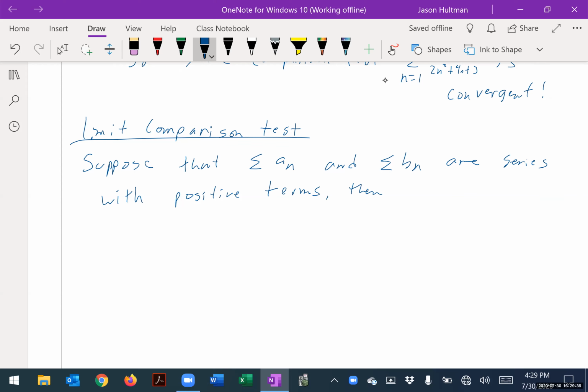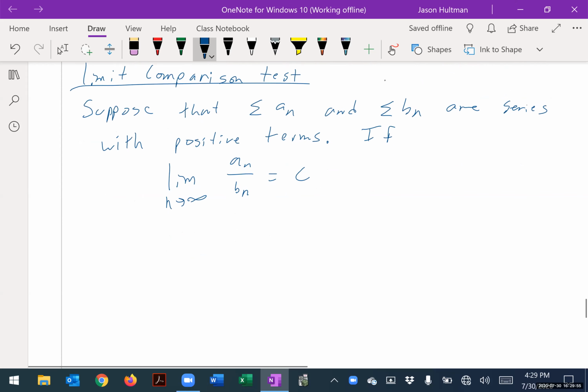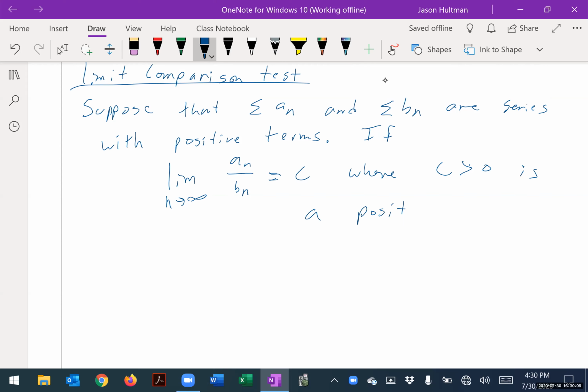Then, if the limit as n goes to infinity of a sub n over b sub n is equal to a constant, c greater than 0, where c is a positive constant, then either both series converge or both diverge.